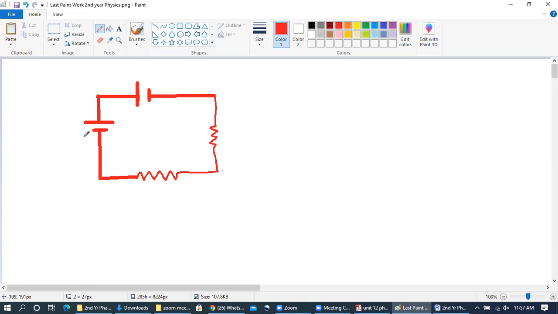The smaller side is the negative side, while the longer side is the positive side. For example, this side is smaller compared to the other, so this is negative, while the upper side is positive because it is longer. This is only a representation, but in the battery itself it is not the fact.